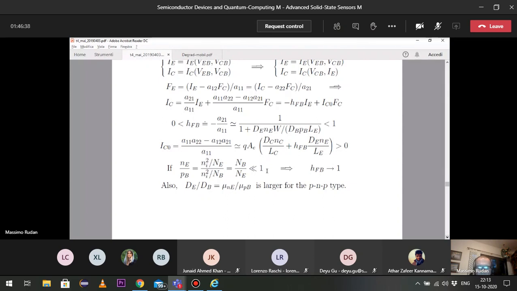Of course, we can play also on the other parameters, but W is fixed by the technology and LE is also fixed. W is much smaller also than LE. So this is another good point.